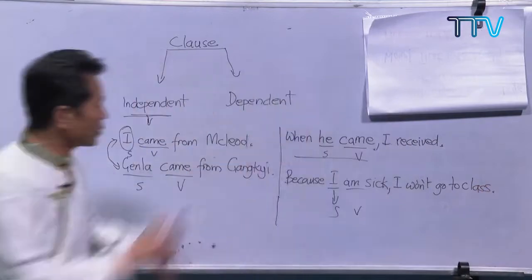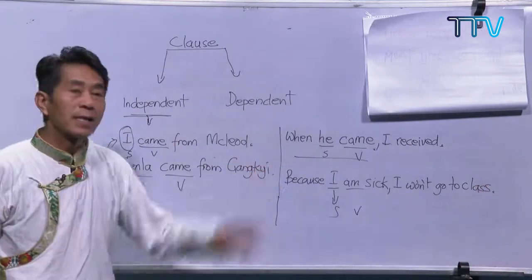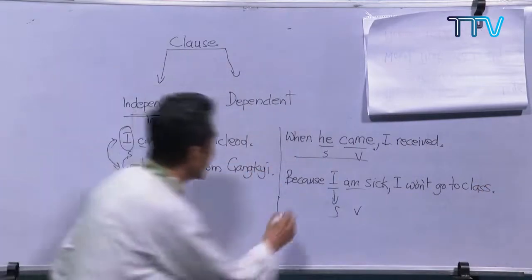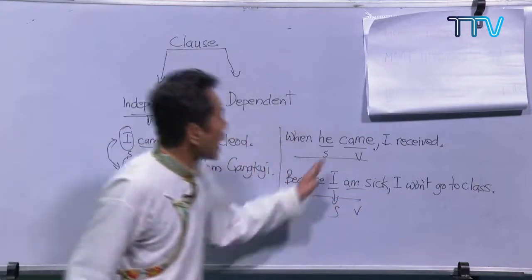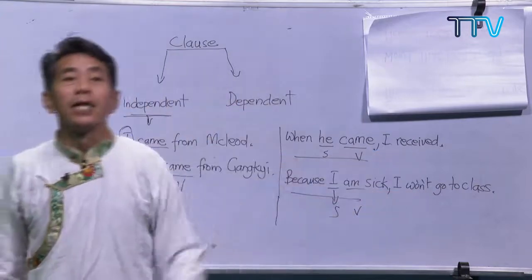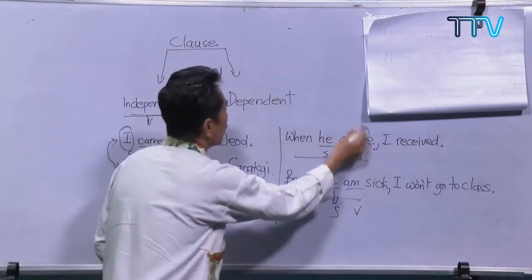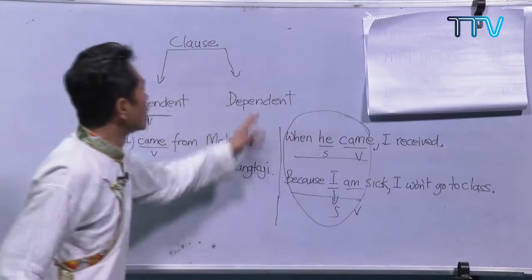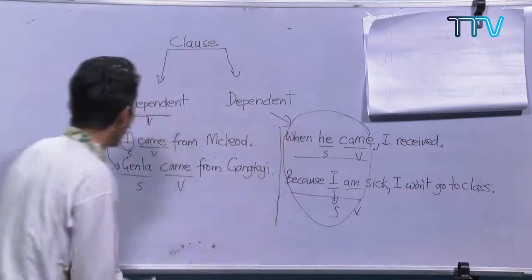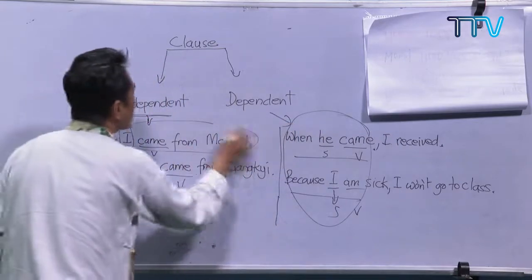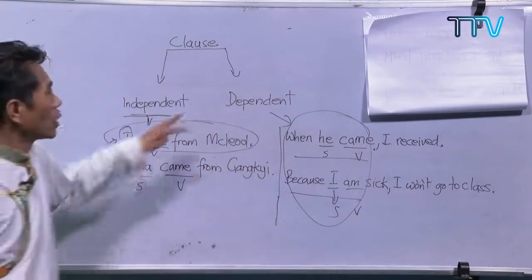Now look at this sentence. It makes complete sense. So you see, this clause has to depend on another clause to make complete sense. Such clauses are called dependent clauses, and these are called independent because they don't have to depend on others.